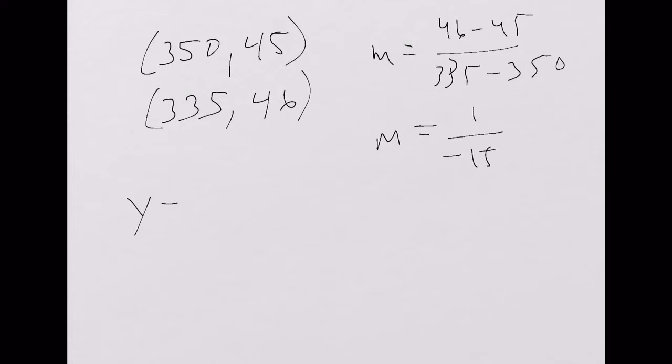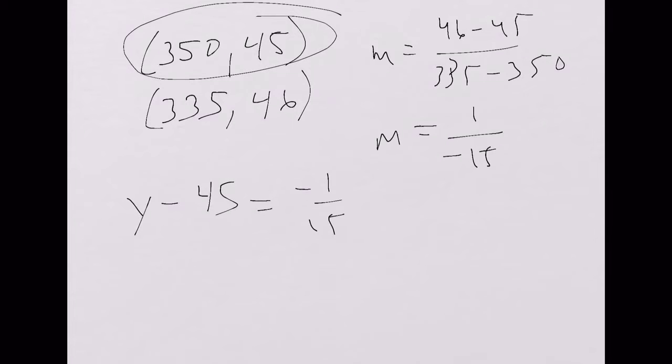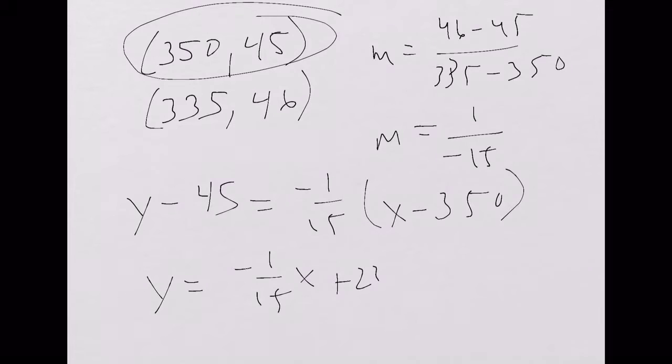So now I could do a y minus y1. I'm going to use this point. Equals my slope, x minus 350. I could expand. 350 divided by 15, or multiplied by 1/15, is 23 1/3. But again, I have to add this 45 over here.